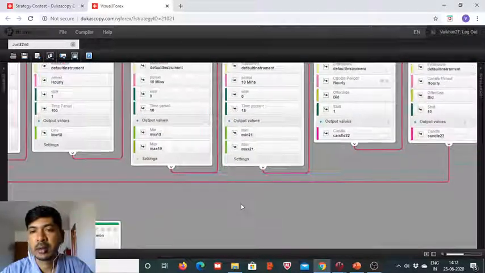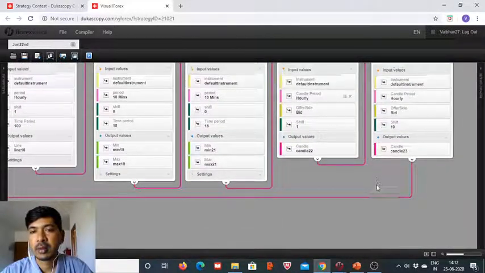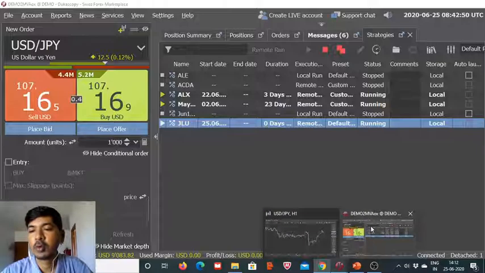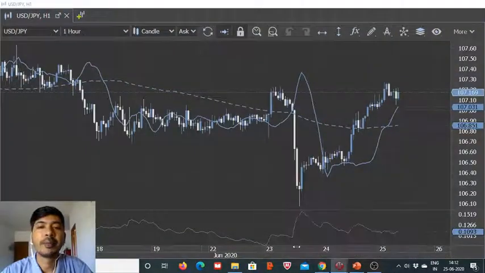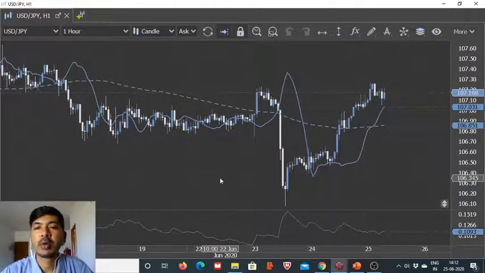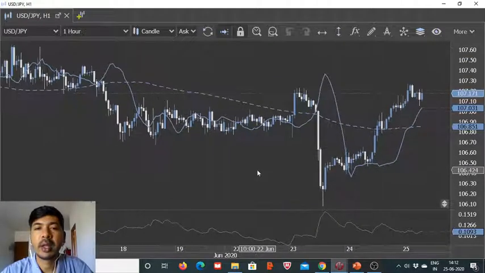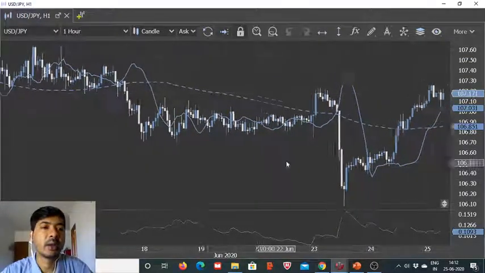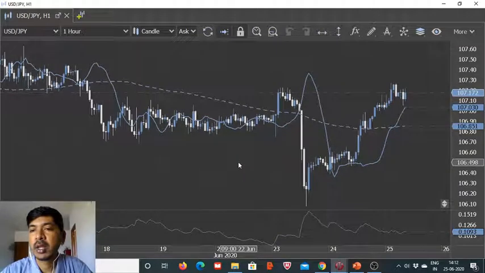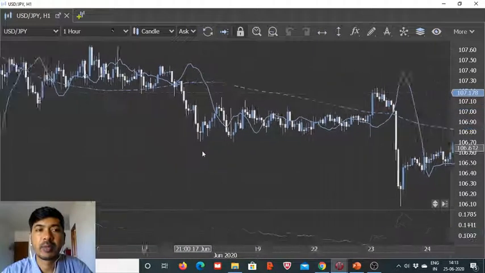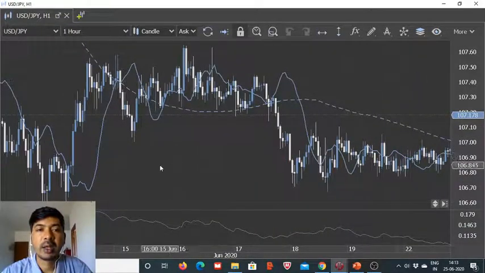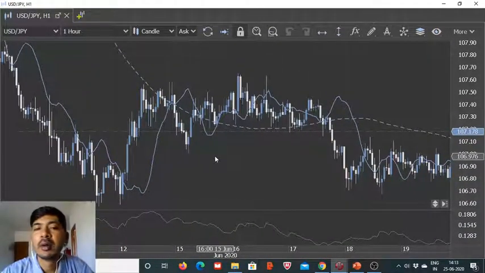And we have to define whether to go for a market open or whether to go for a pending open, and in such a scenario I think going in for a pending open is more desirable, given the fact that we are bringing in the entry point just when the volatility has picked up and the crossover has happened.